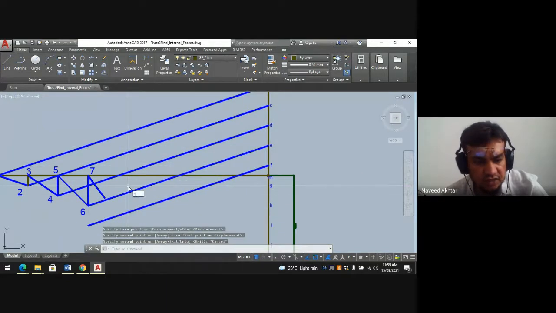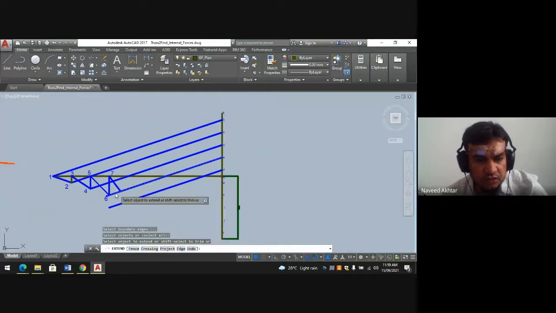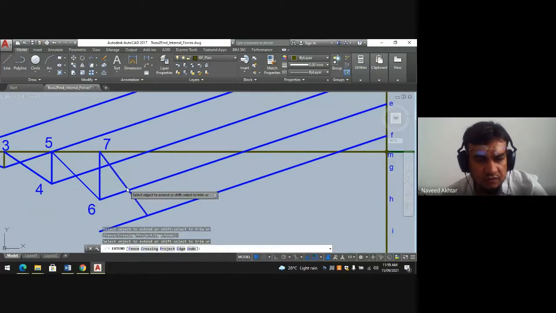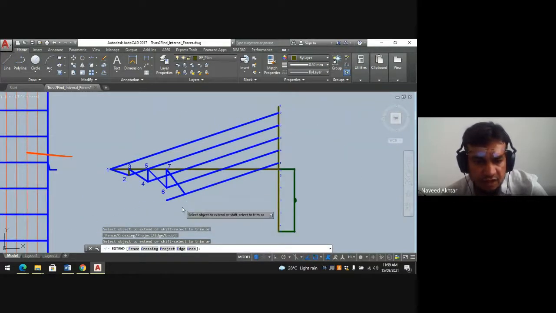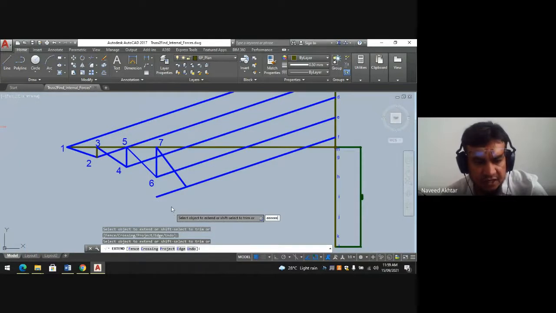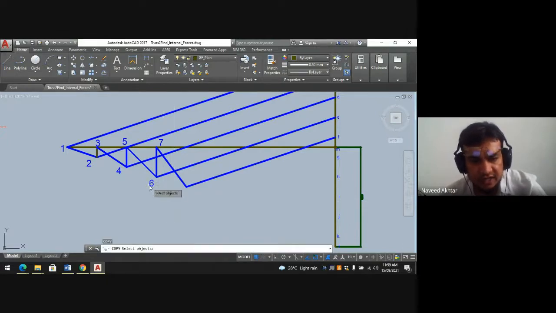So this one I extend. Where this meets 7 with the F, that is our 8 point. This is our 8.